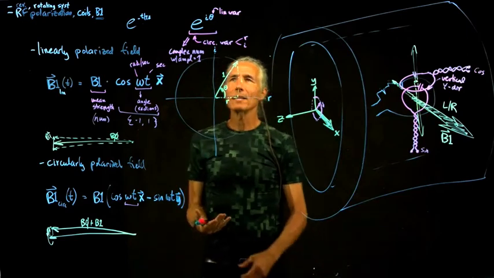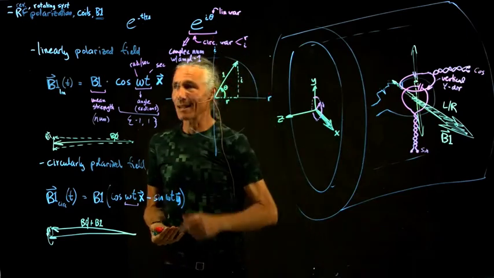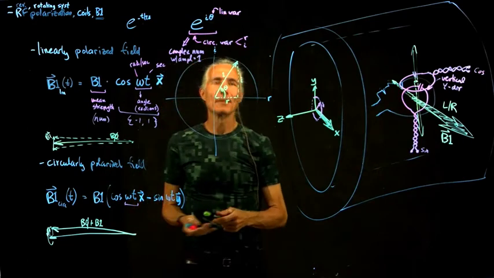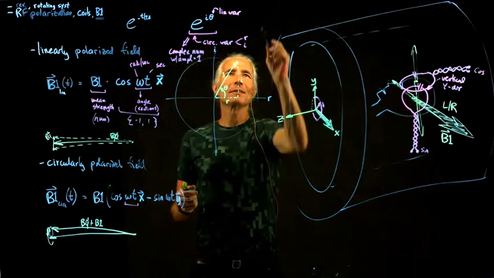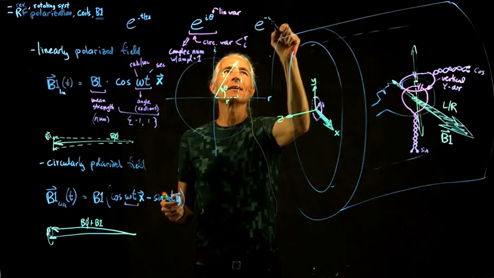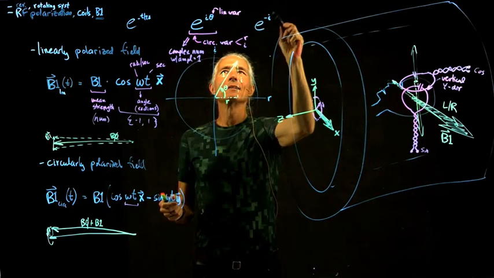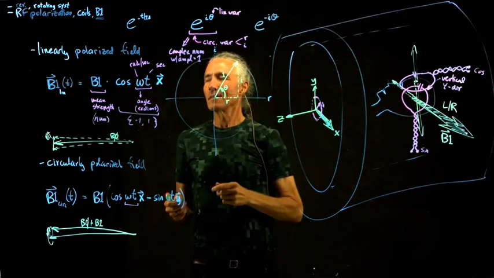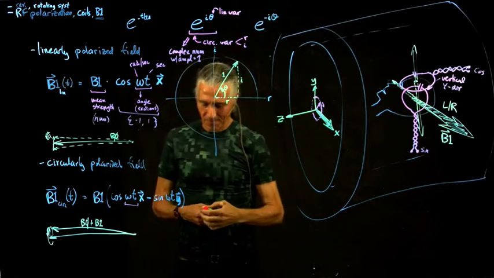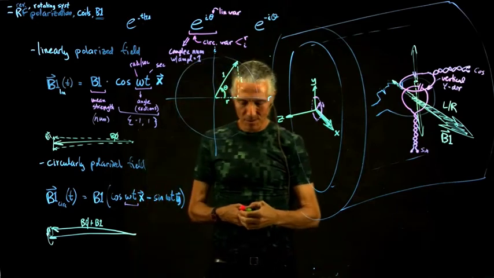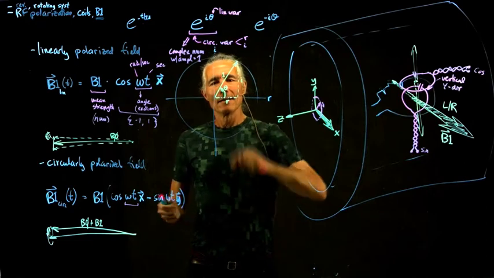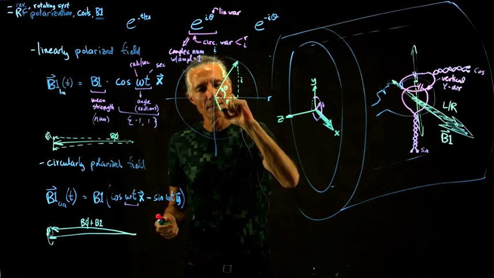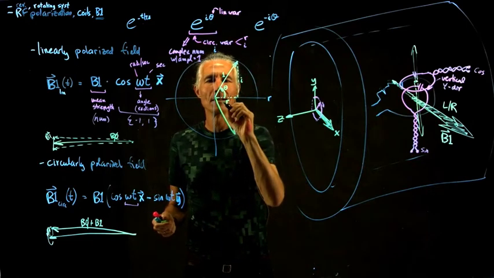And so what does it mean? A lot of times you'll see e to the minus i theta. What does that mean? Well, that's just a minus angle. And so what's a minus angle? Well, what if you just went like this? So here's minus theta.